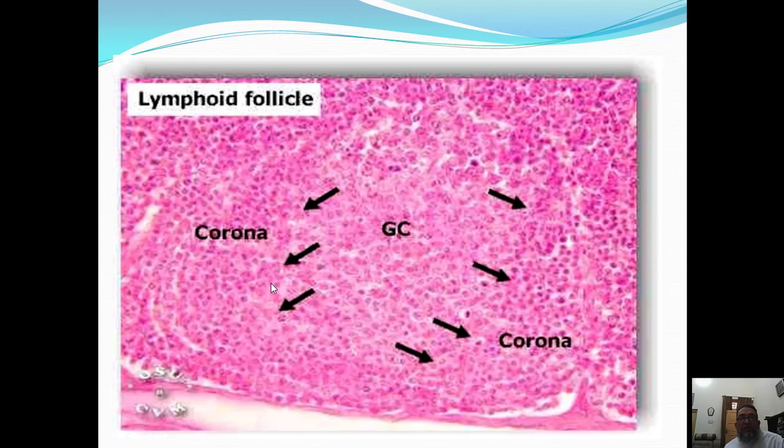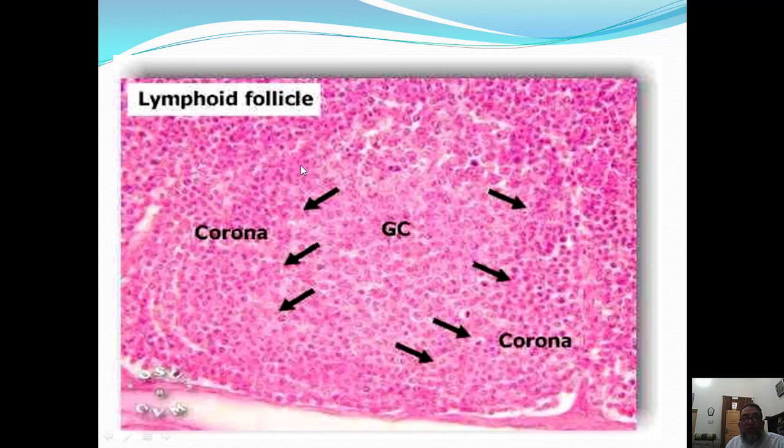This is the high power resolution of a cortical lymph node. It is also called a lymphoid follicle. Now look at the lymphoid follicle. The central zone is relatively lighter stained, having larger lymphocytes, also called lymphoblasts. They are maturing into T lymphocytes and converting into B lymphocytes.